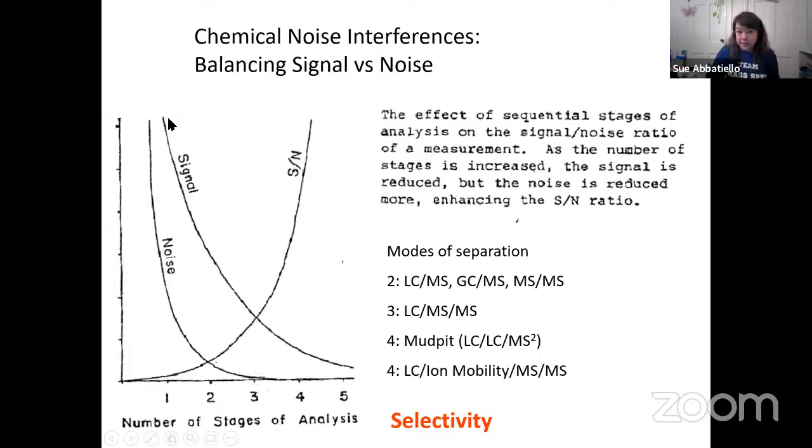Unfortunately, there's signal loss associated with increased stages of analysis, but the noise usually goes down quicker. So these are just examples of how you can hyphenate different modes of separation, all amenable to one another, to get to improved signal to noise for your detection, which is ultimately based on this selectivity idea.